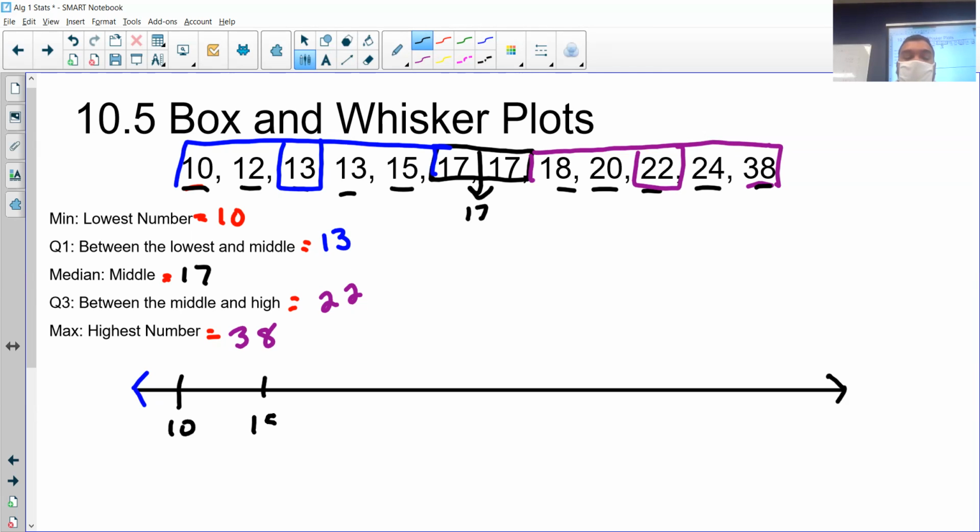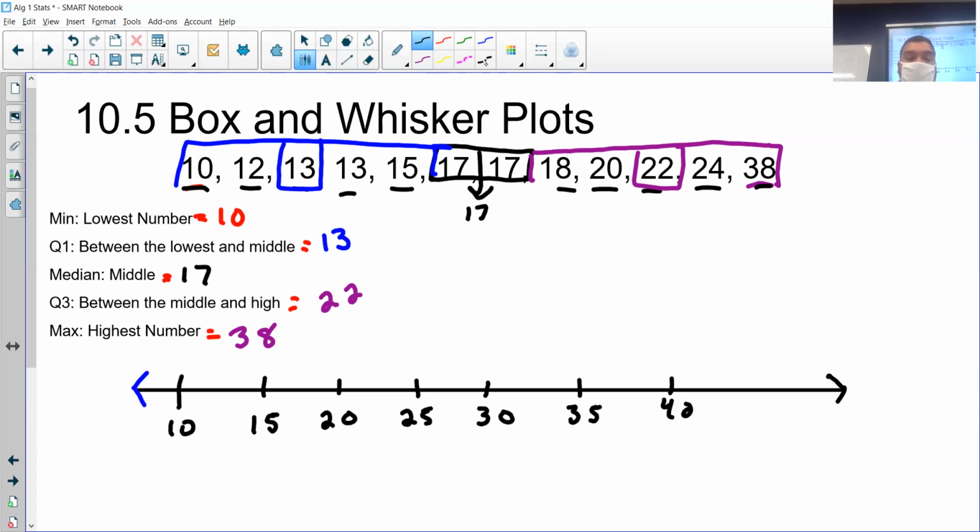Let's give it a consistent spacing because we want to make sure we can get all the way to 38 or something above 38. So the next number is going to be 30, 35, 40. You could technically keep going, but notice I already passed my max.